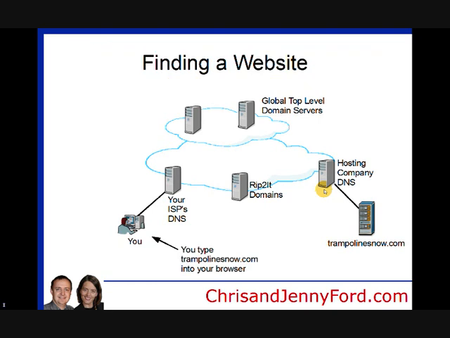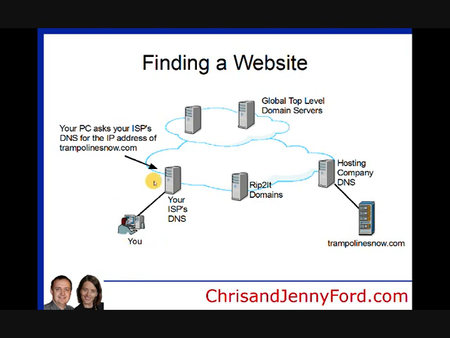Now when you come to visit the website and you type trampolinesnow.com into your browser, your computer needs to find out what the address of the website is. And so your computer will ask your internet service provider's domain name server to look up the IP address of Trampolines Now.